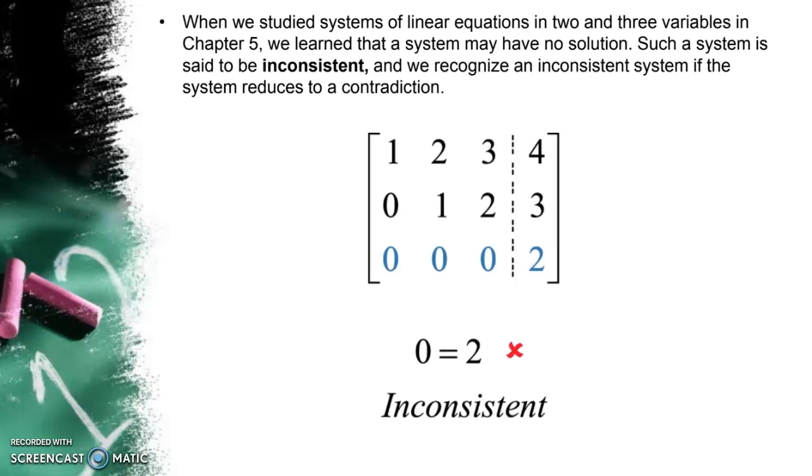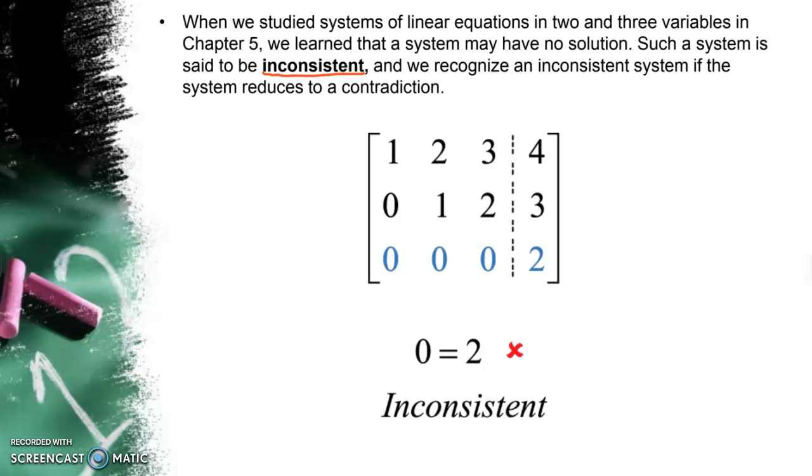But if it has no solution, the system is said to be inconsistent. We must recognize that an inconsistent system occurs in a matrix if the matrix reduces to a contradiction. Look at this third row.